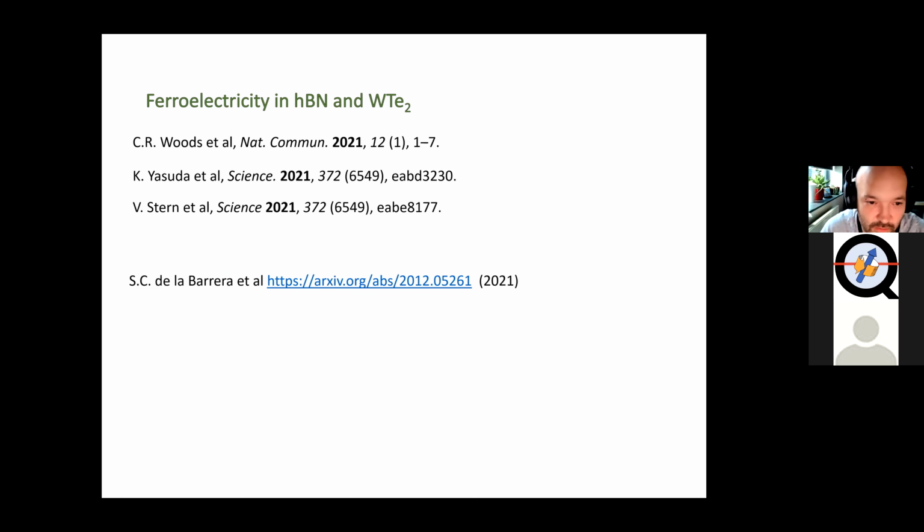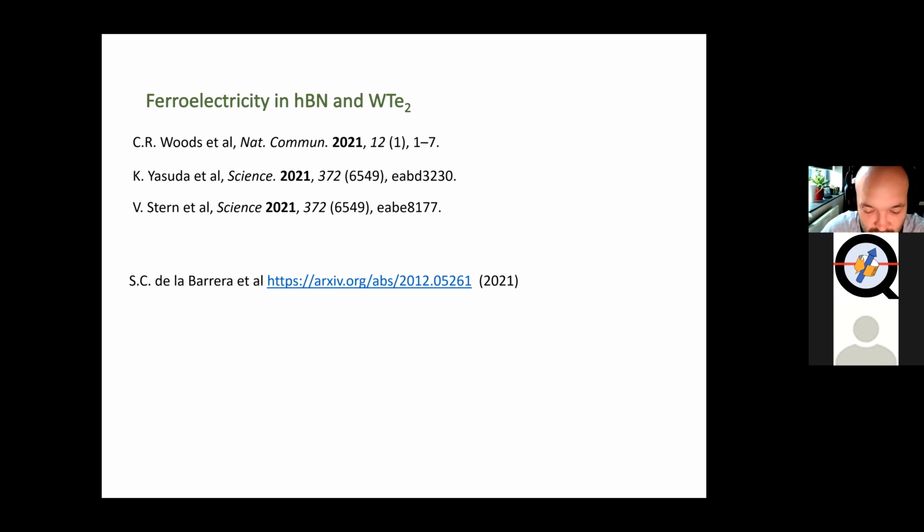This is a different ferroelectricity because we normally are used to some sort of change in the lattice structure. Some atom moves between two metastable positions, while here this is created by the electronic cloud, which basically has two preferred configurations and can move from one side to another.